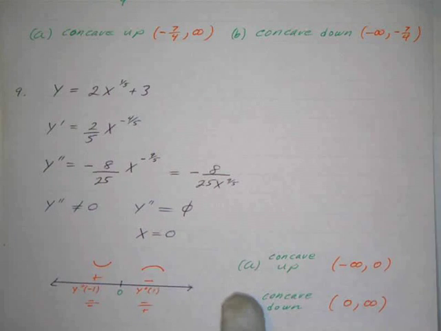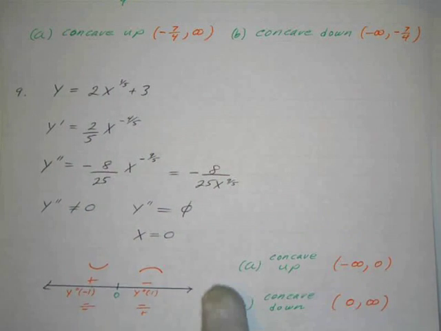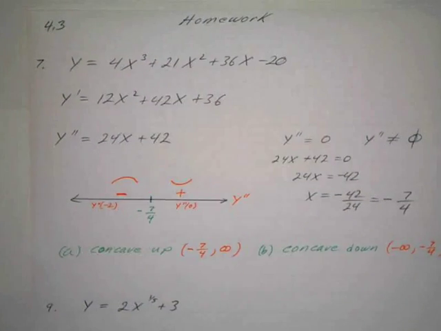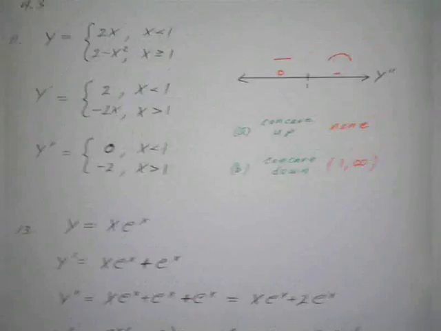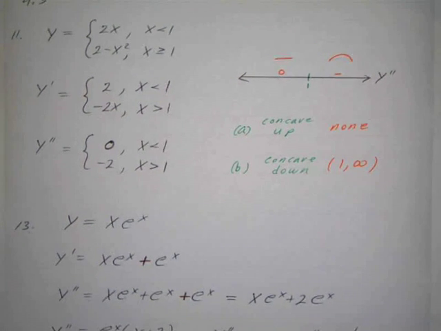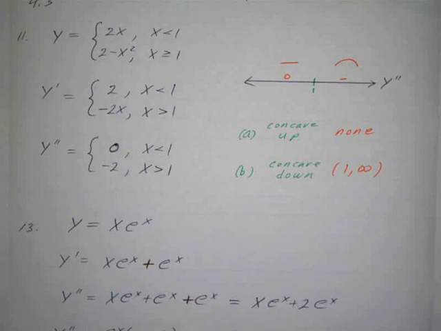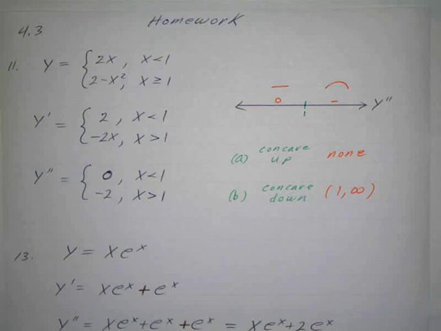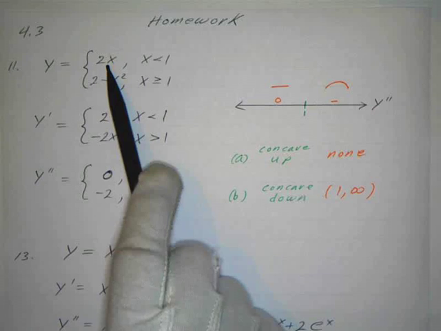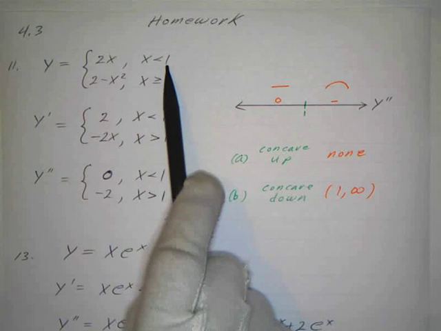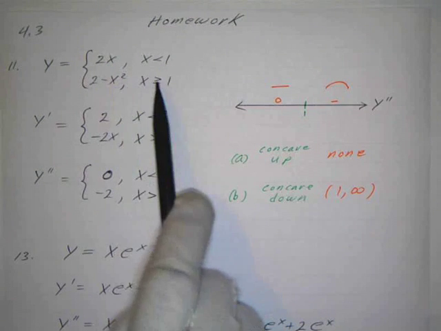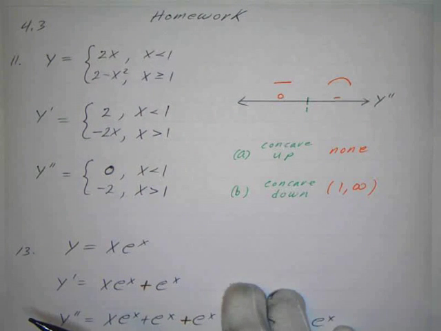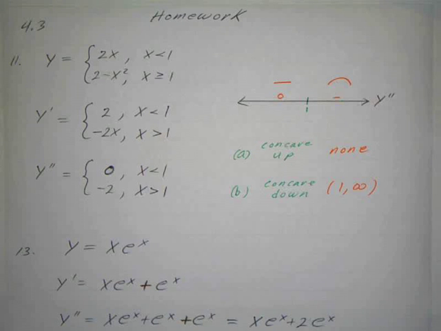We have another one of those, number 11. Now don't let the piecewise function throw you off. When you take the derivative of a piecewise function, you just take the derivative of each little piece. This was our function: 2x when x is less than 1, and 2 minus x squared when x is greater than or equal to 1.